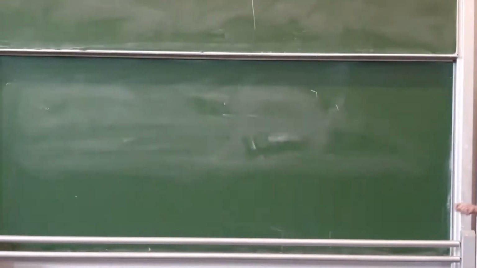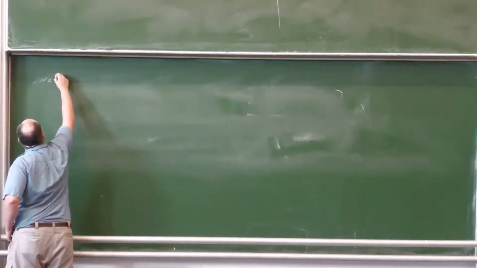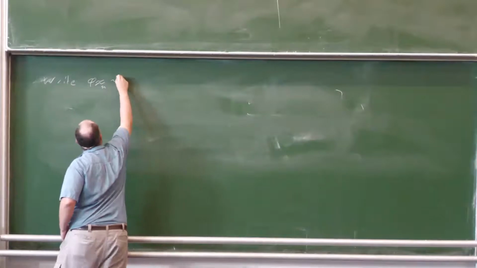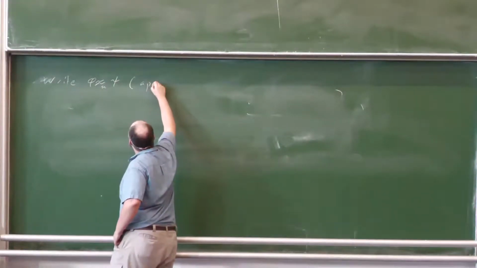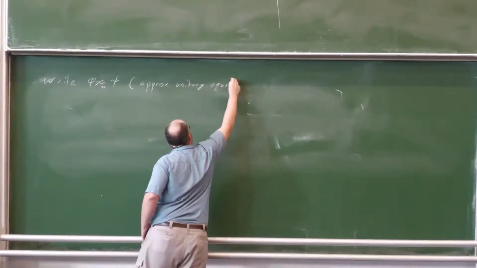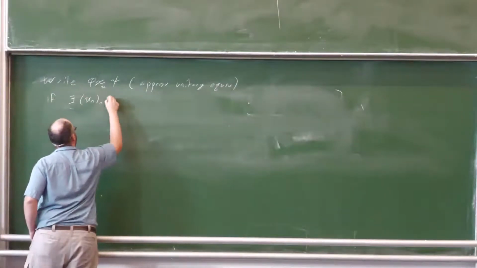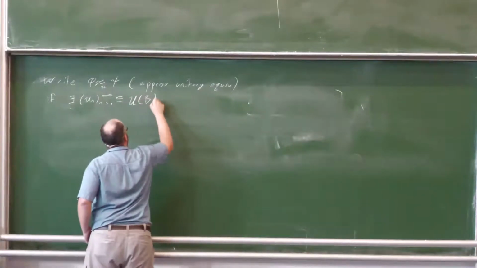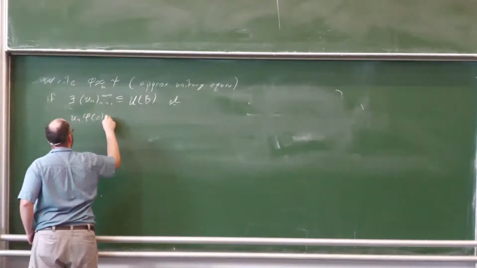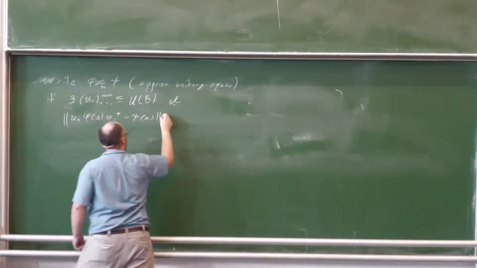Okay, so you have two morphisms from A to B, and I'll say they're approximately unitarily equivalent, written phi is approximately unitarily equivalent to psi, if there's a sequence of unitaries in the codomain approximately conjugating one map to the other, pointwise in norm.